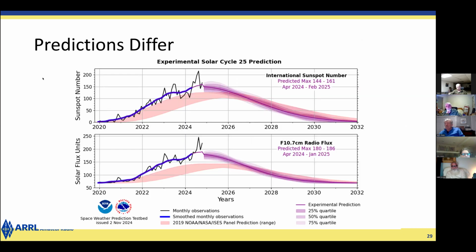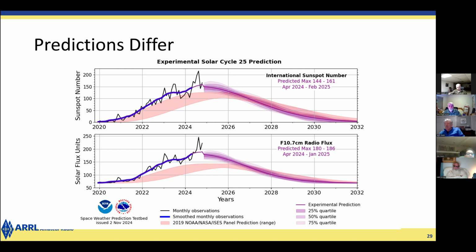So science has been trying to predict the solar cycle for a couple of centuries, and we're still, frankly, even with satellite observations and sophisticated models and very smart people looking at it, not very good at it.